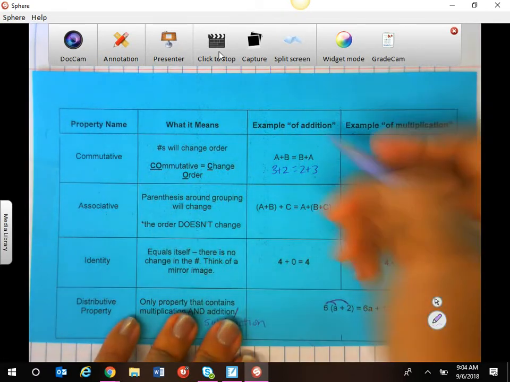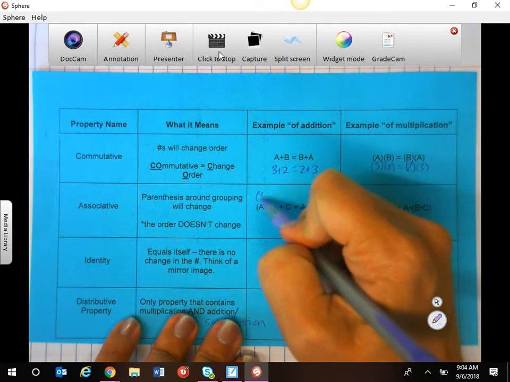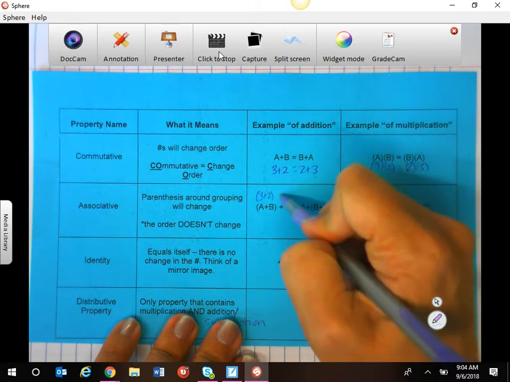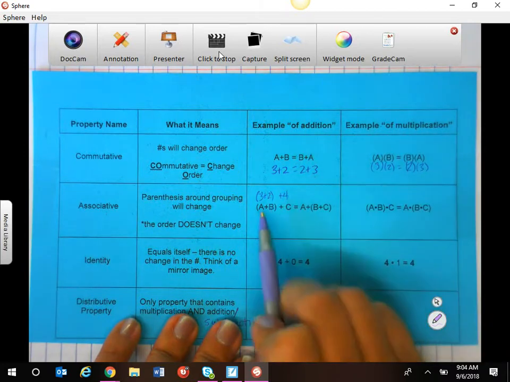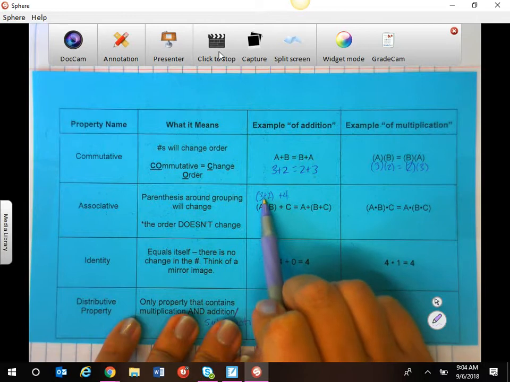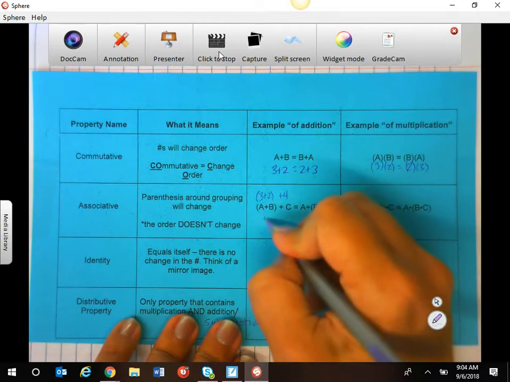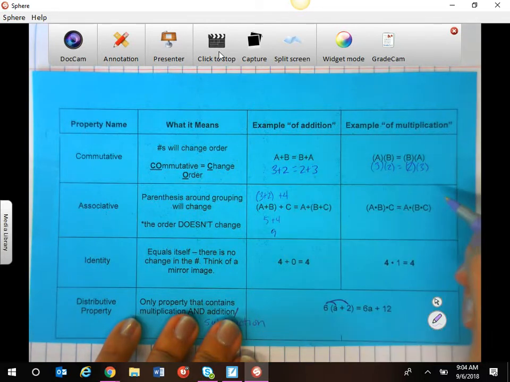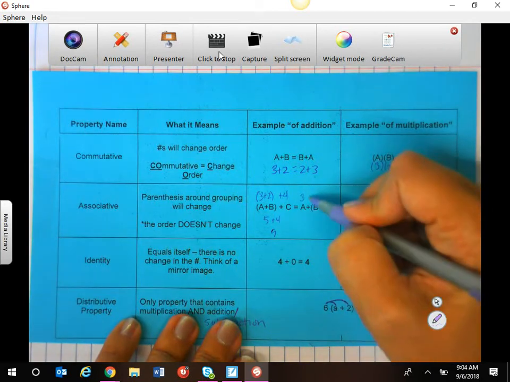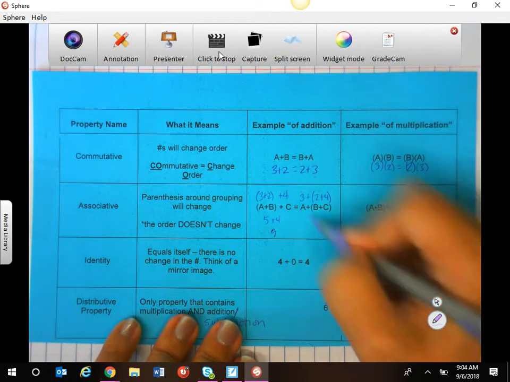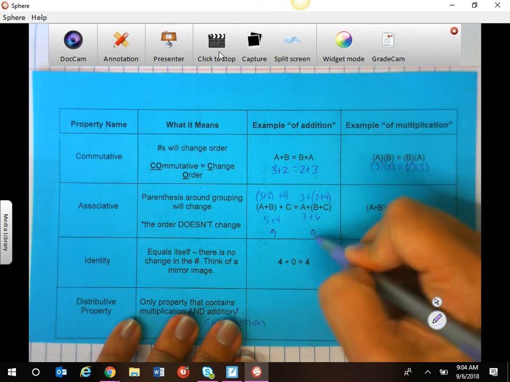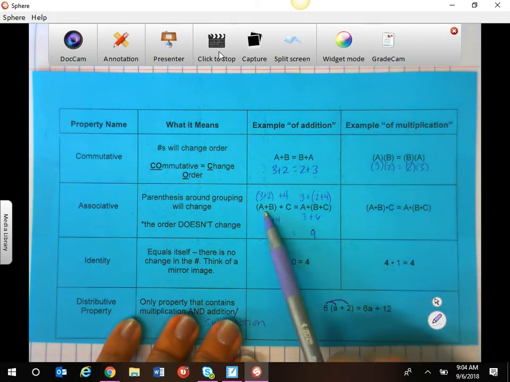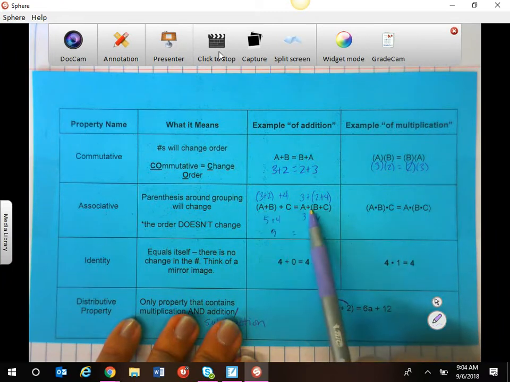So for example, if I said 3 plus 2 plus 4, well, I know based on parentheses, 5 plus 4 is 9. Well, if I still said A was 3, and now in parentheses I have 2 plus 4, well, now I have 3 plus 6, which is also 9. So as long as this is all addition, you can move your parentheses.